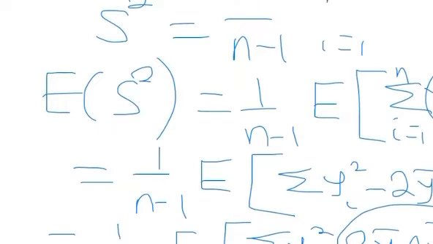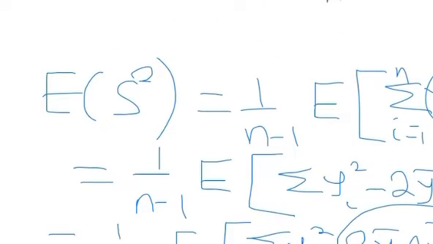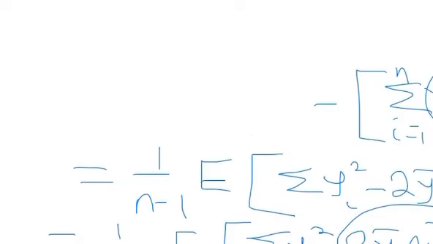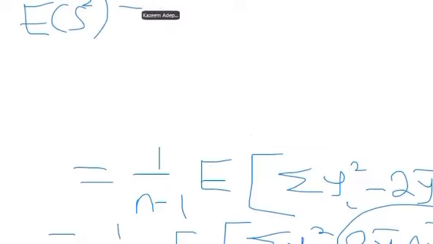Now I'm going to erase this to have more room. If I rewrite, the expected value of s squared equals 1 over n minus 1 into, don't forget we've got the expectation, summation y_i squared minus n y bar squared. That is what that gives me.